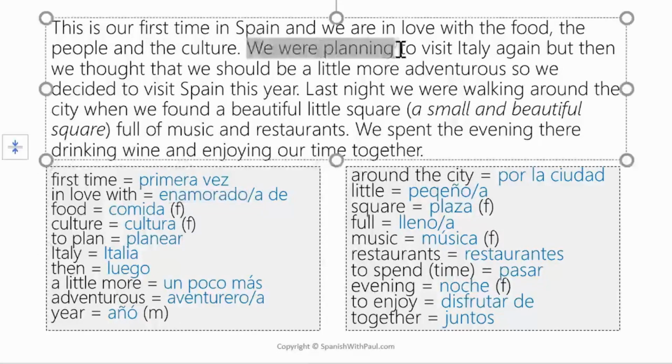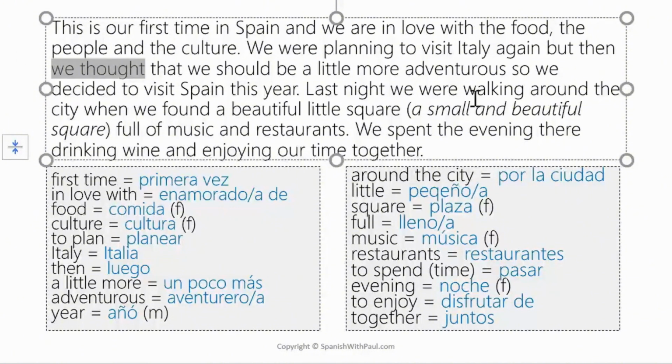Now we have we were planning. So estábamos planeando visitar Italia otra vez. But then would be pero luego we thought that we should be. So this is not we were thinking, but we thought. In other words, we had that thought. This is the simple past. So to think is pensar, and in the past we thought would be pensamos.